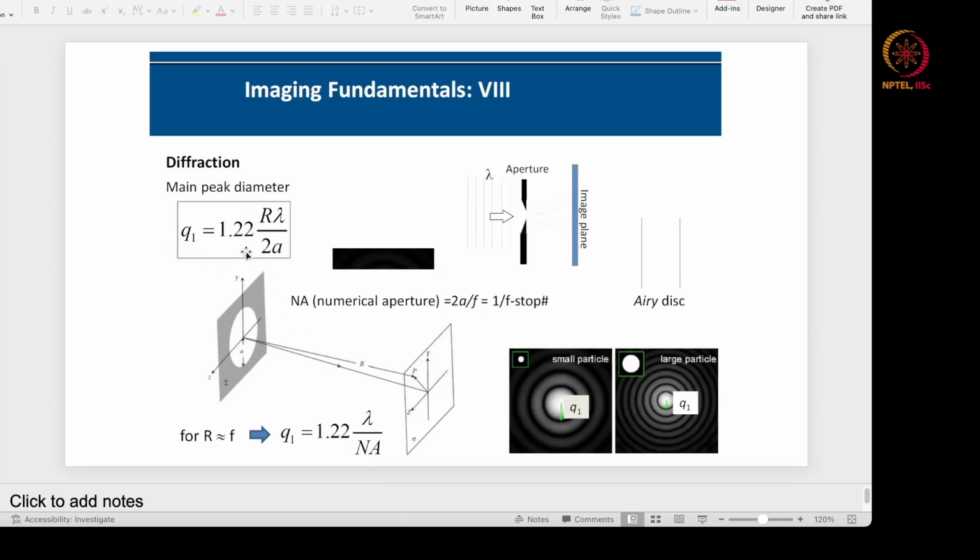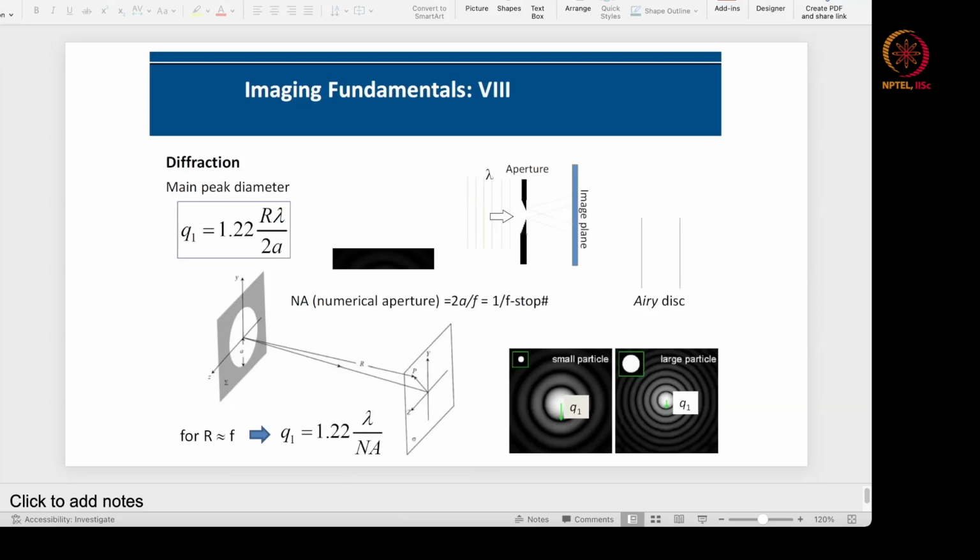So now you can see that you are not exactly imaging the object; you are imaging something which is Q1 in this case. The other thing you see is the interference bands. This is, for example, for a large particle, and this is for a small particle. These interference bands are what is called an airy disk, and they happen because of diffraction. So diffraction leads to the formation of airy disks around the particle.